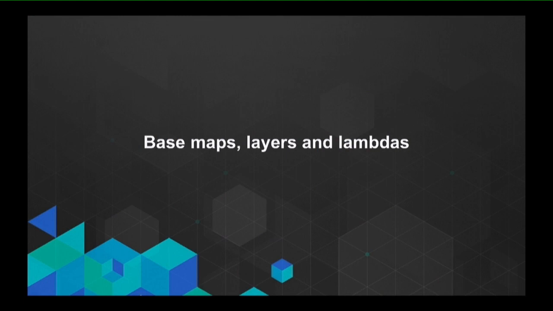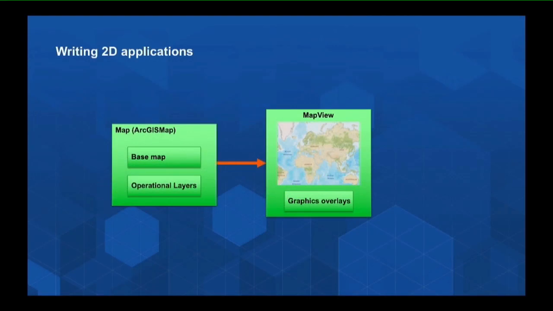So let's just take a look at some of the key classes that you'll be working with. Those of you who previously worked with the 10.2x releases will be familiar with the JMap. This is one big all-encompassing class that you would put into your application, and it was the Swing component to move forward. But now we're supporting JavaFX.